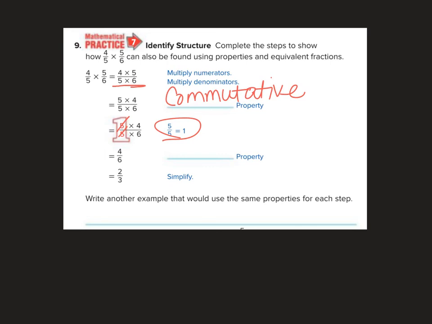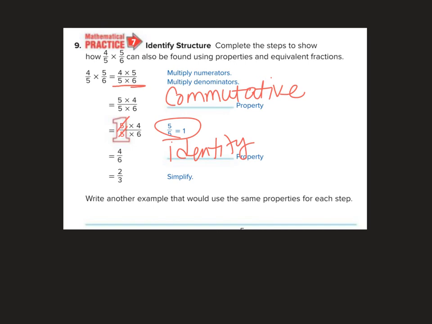What property are we using here? I don't have a clue what property we're using here. What are they showing? Equals 1. So I simplified. Maybe it's the identity property, that 5 divided by 5 is 1. Going with that. Identity property.